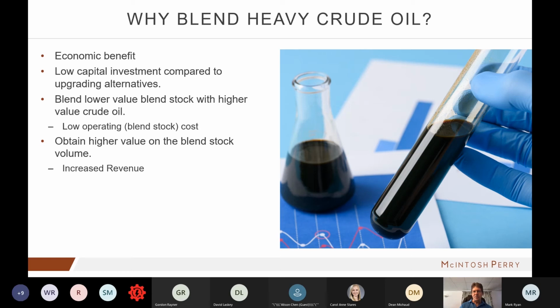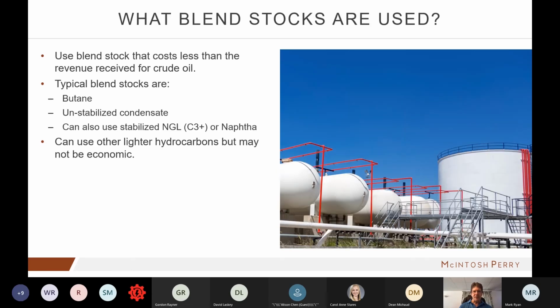So that extra volume of your blend, you're getting crude oil price for, which you normally would not have gotten. And, again, we said it before, some of the other options are a little bit heavy on the capital cost, and this option happens to have a pretty low capital cost. So in the end, what we're looking for is increased revenue. And it's important to realize that is by blending a lower value blend stock into the higher value crude oil.